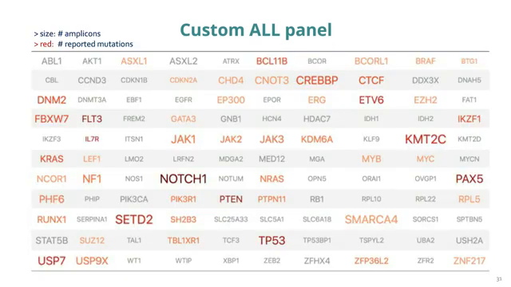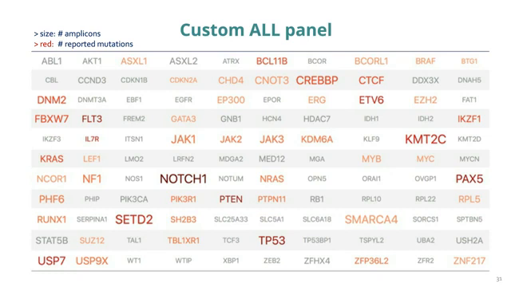Here you have a nice overview of the 110 genes that are included in the panel. They are ordered alphabetically, and the size of the text is proportional to the number of amplicons that cover the gene. The color is proportional to the number of mutations that are reported for that gene.